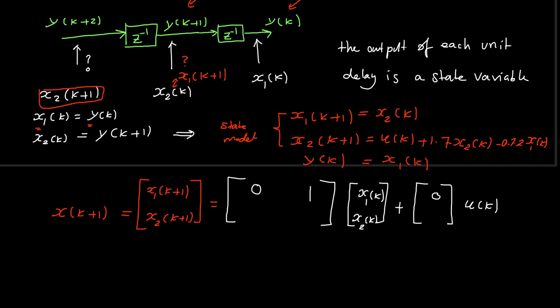The second equation, x2 k plus 1, the first thing I will collect the term of x1, which will be minus 0.72. Then I will collect the coefficient of x2 of k, which is 1.7. Then I will collect the coefficient of the input, and here we have 1.